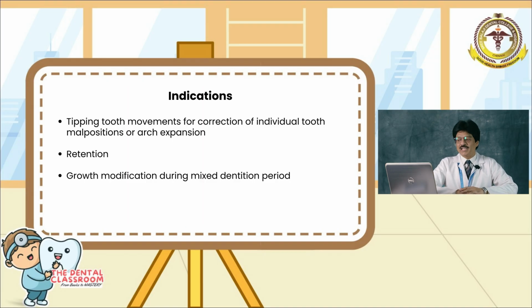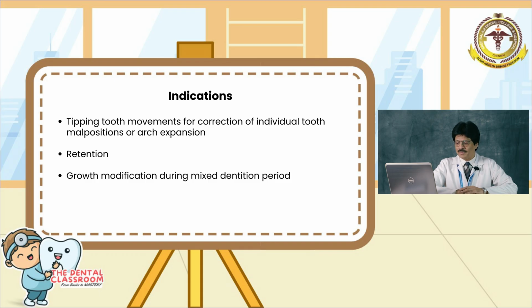So what are the indications of a removable appliance? Removable appliances bring about tipping tooth movement, and these tipping tooth movements are used for the correction of individual tooth malpositions or arch expansion. These removable appliances can also be used for retention.